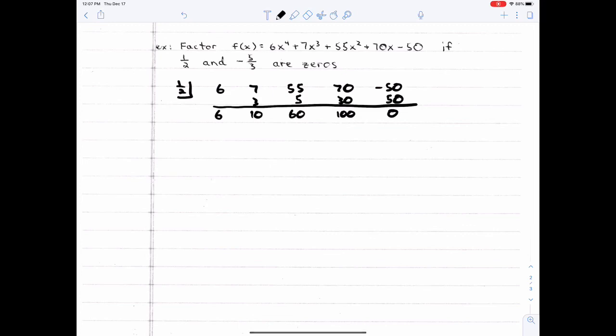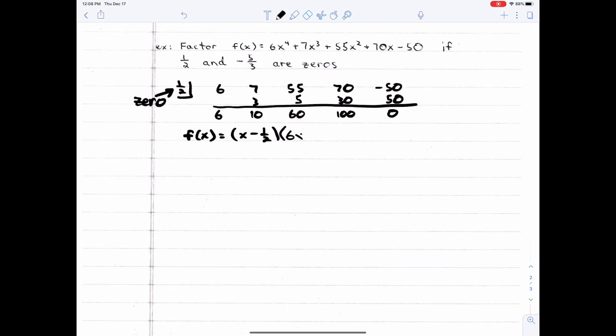Good deal. Now what do we write? Divisor times quotient. So what's the divisor? The divisor is x minus 1/2. Remember, this is the zero, and the factor is x minus the zero. And that's divisor times quotient.